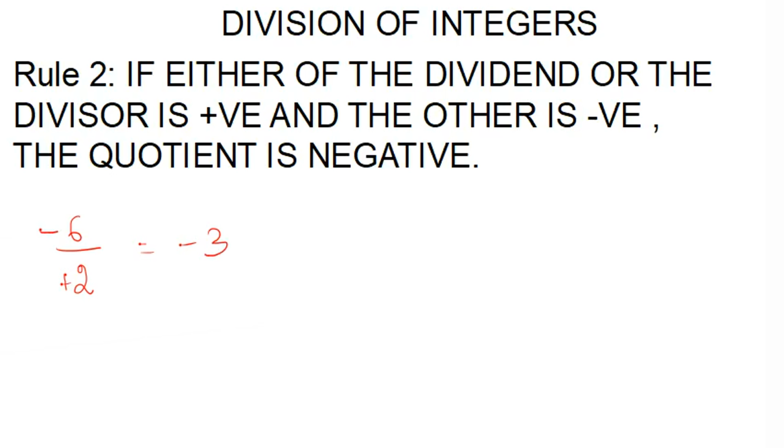Or if our dividend is going to be plus 6 and our divisor is going to be minus 2, even in this scenario your quotient would be minus 3. Okay, so this can be generalized as minus divided by plus equal to minus and plus divided by minus equal to minus. Got it? So these are the rules of division of integers.